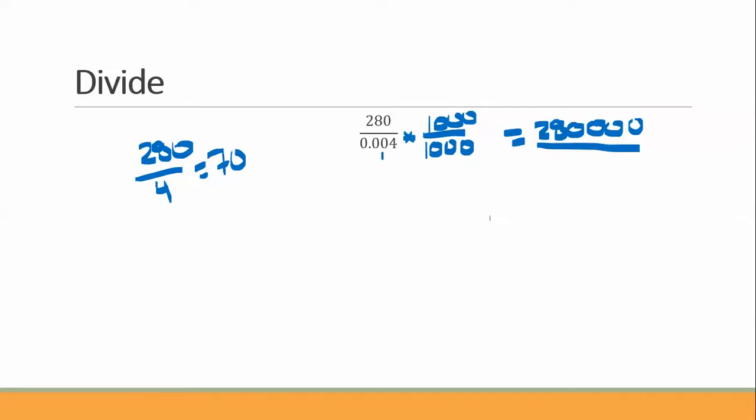And then this one, the decimal point moves over 3, so it's just 4. So now we have 280,000 divided by 4. That is going to be 70,000. Because we did 280 divided by 4 was 70, and then we still have our 1,000 there.